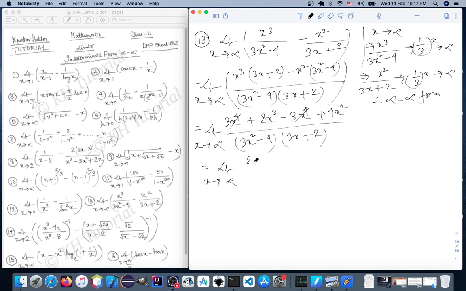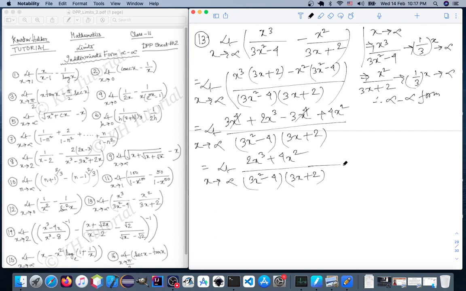So we are left with 2x cube plus 4x square in the numerator, and (3x square minus 4)(3x plus 2) in the denominator.